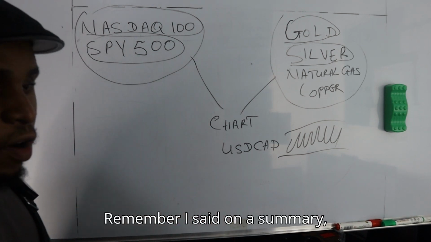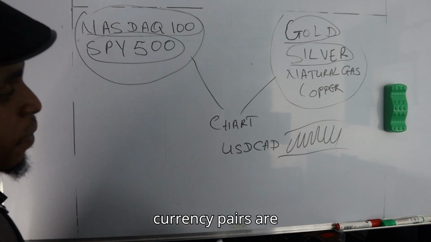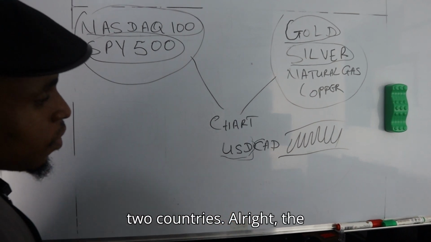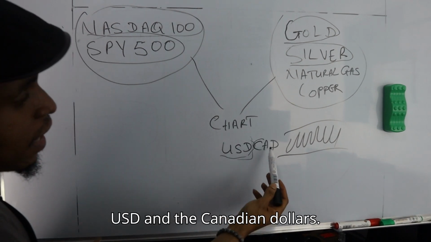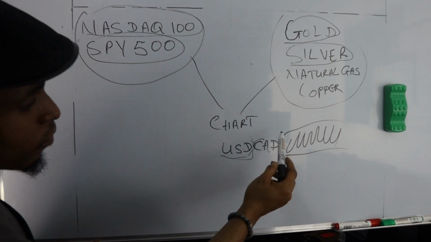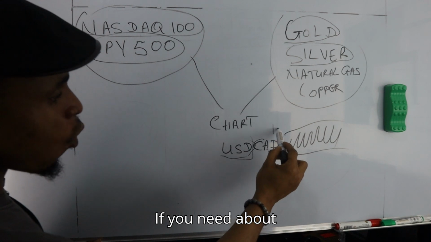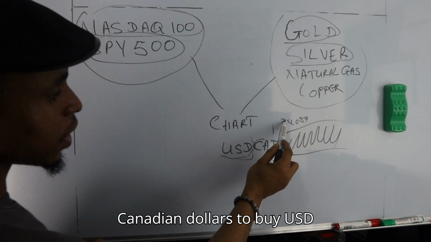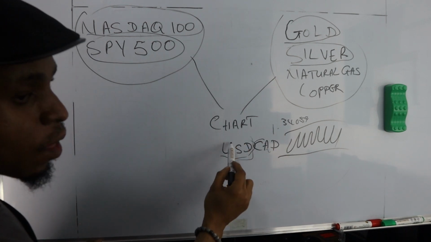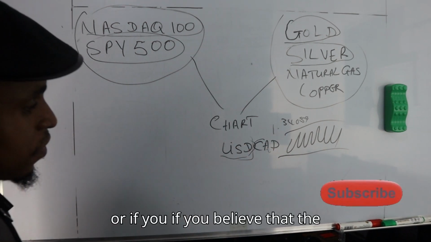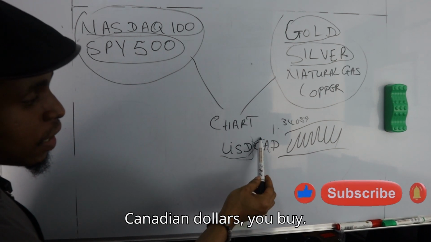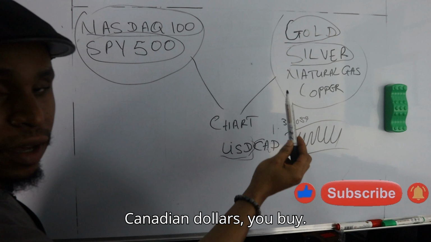Remember, I said in summary, currency pairs are two countries. All right, the USD and the Canadian dollar. If you need about 1.34059 Canadian dollars to buy USD, and you believe that the USD will strengthen against the Canadian dollar, you buy.